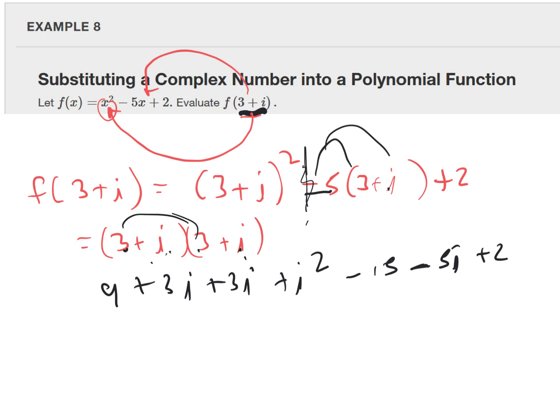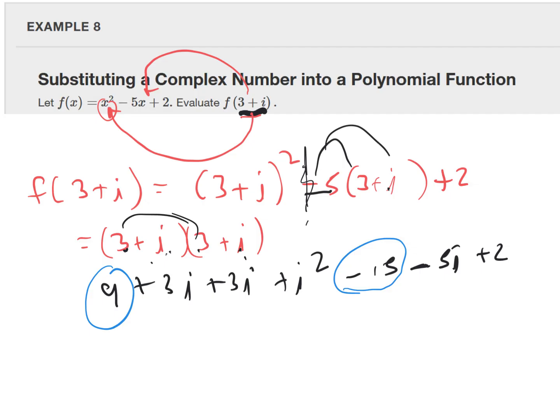Okay, let me go check my pen. We'll do the real numbers first. 9 minus 15 is a negative 6.